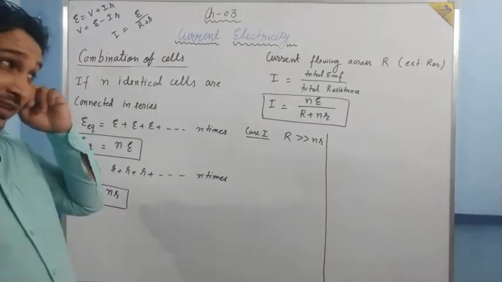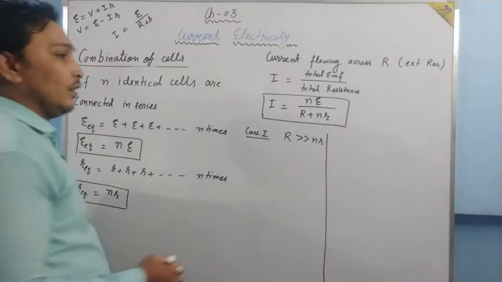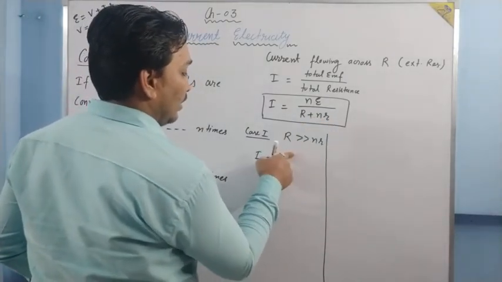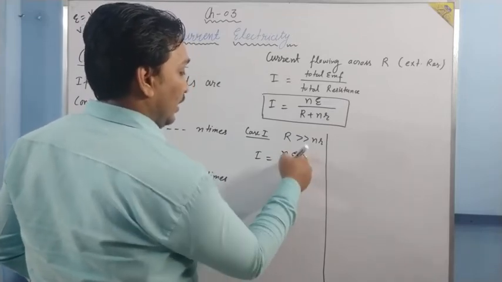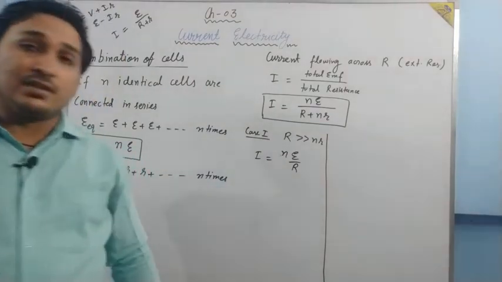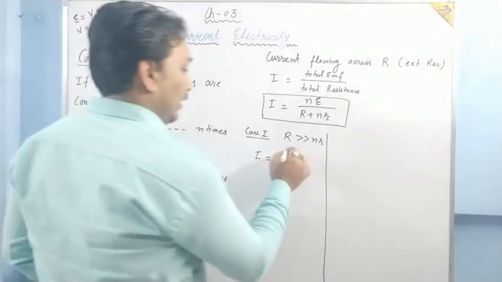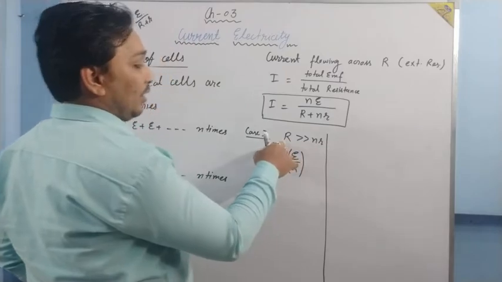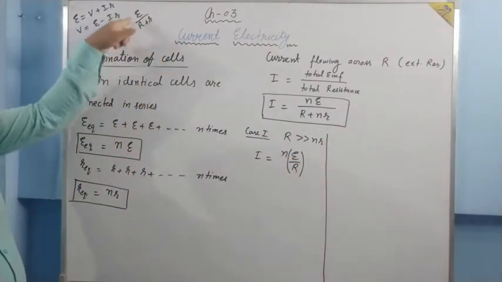But in the special case where capital R is very much greater than N r, N r will be neglected and I will be equal to N into E upon capital R. E is the EMF of one cell, and R is the external resistance connected in the circuit. Since small r is very small compared to capital R, it is neglected.